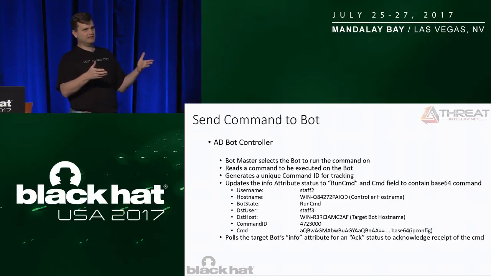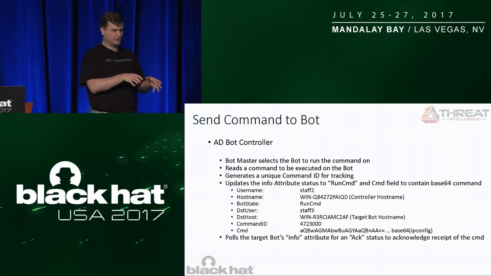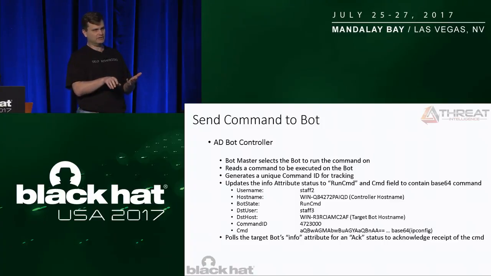So what happens is that each node can only write to its own properties, but it writes to its own command and control attribute, which is the info attribute, and says, this is the destination host that I want to run the command on.